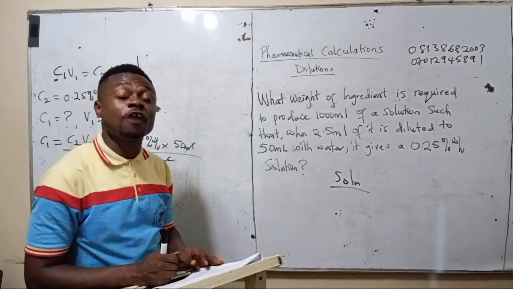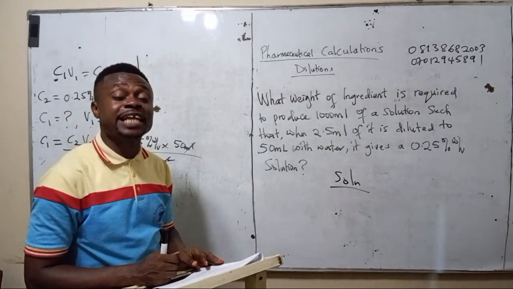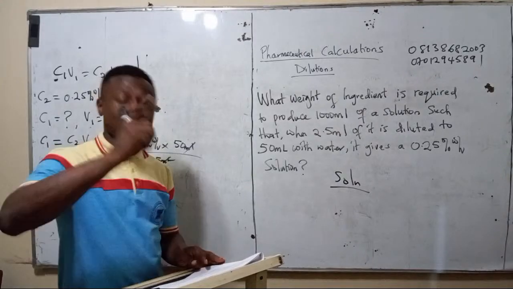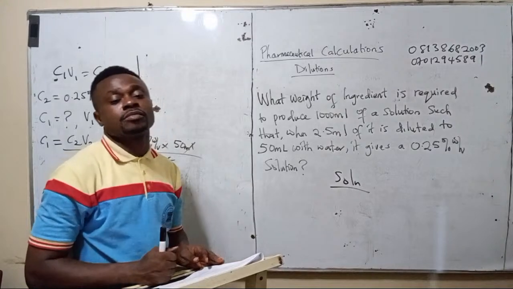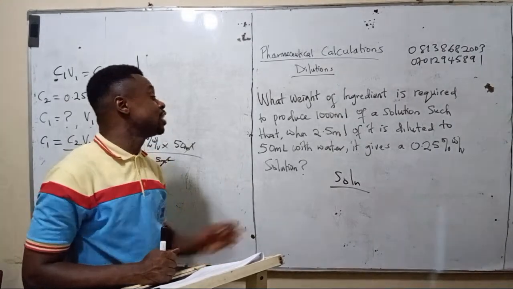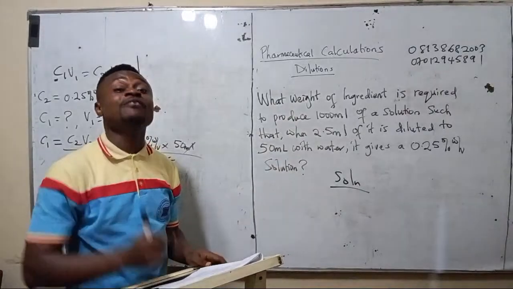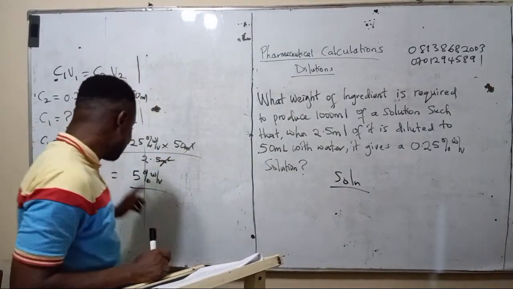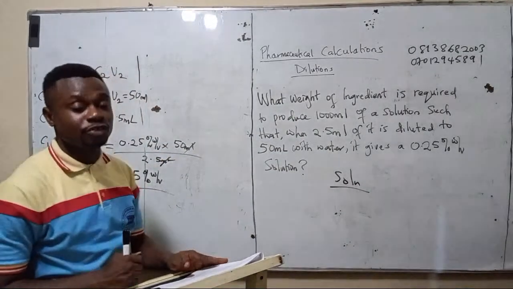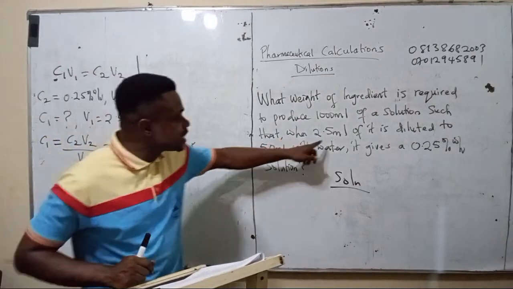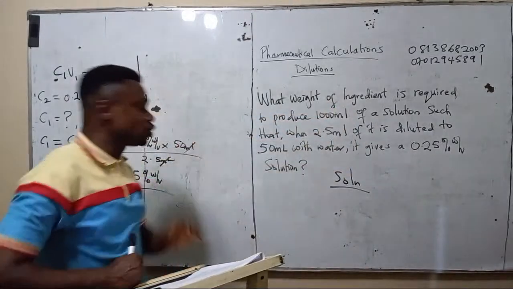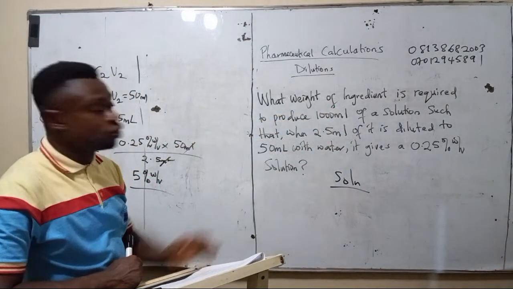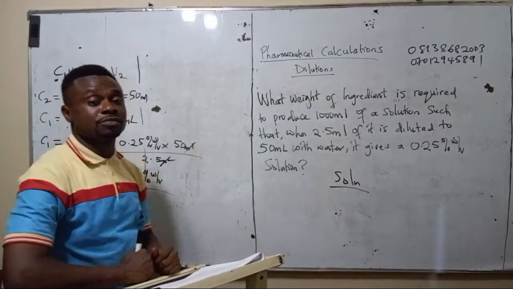Irrespective of the volume of the stock solution that they take, it will have the same concentration, because it is the same stock solution. Even if it took 500 mil, it will have the same 5% weight in volume. So C1 is the concentration of this stock solution. Don't allow this 2.5 mil that was used to confuse you, but it will have the same concentration.